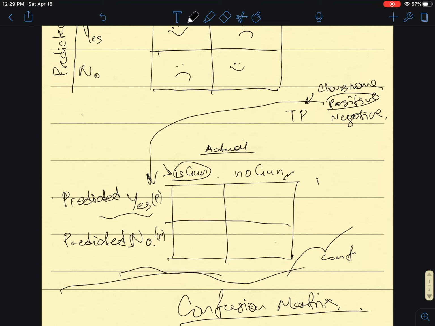So class 1 or positive class or yes indicates that the gun is in the frame, and no is the negative class or class 2. That's just a class name, and it indicates that there was no gun in the frame. So once again, the second word is just a fancy name for the class. In our case, the class name was yes or no, but the standard way to name those is positive or negative classes.